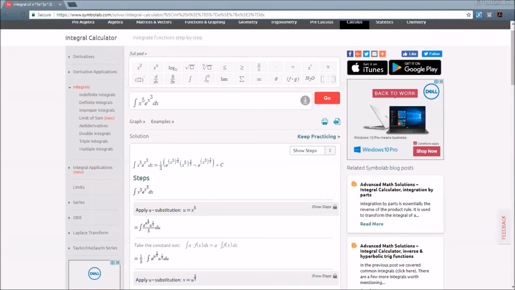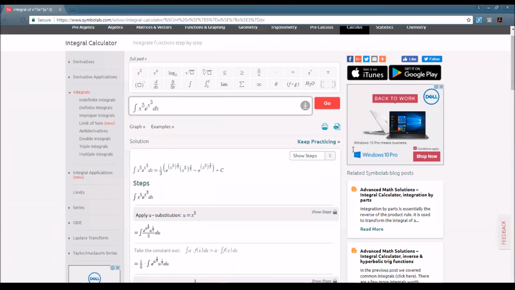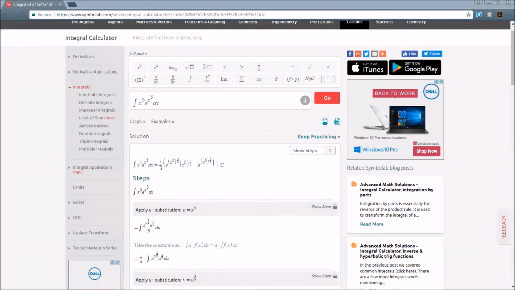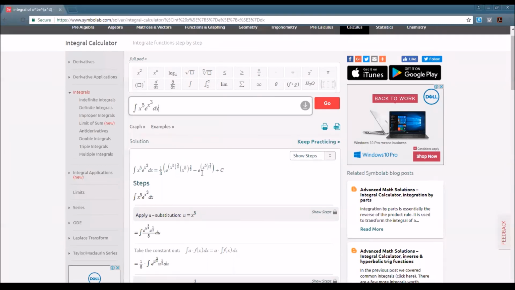Oh, so they brought the 1/3 out the front, and then they got, oh, nice, okay. x cubed.